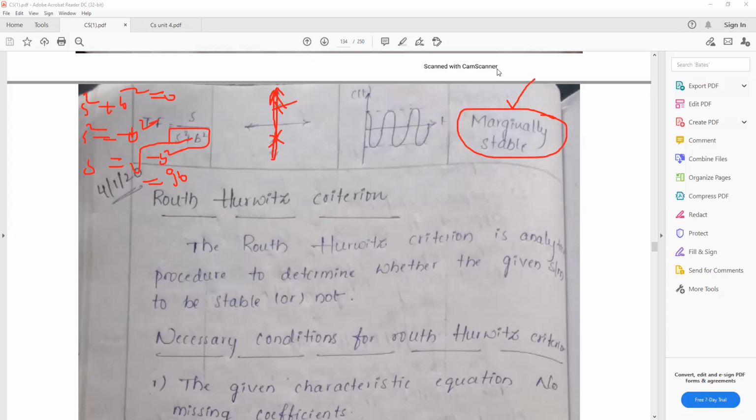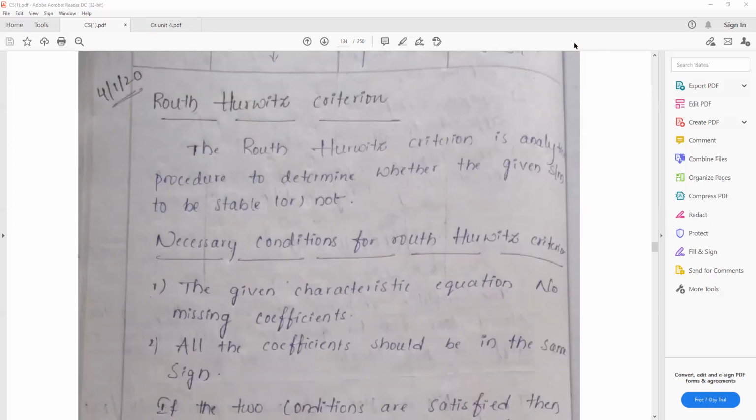Okay, so next, Routh-Hurwitz stability criterion.